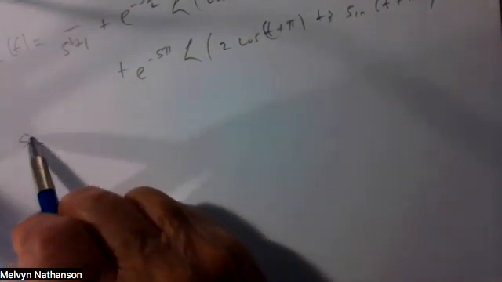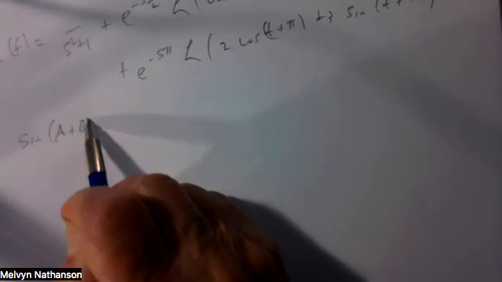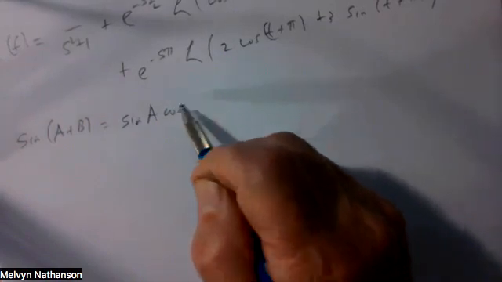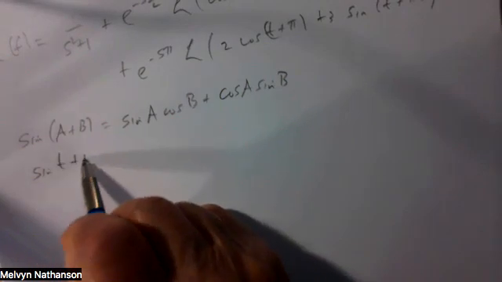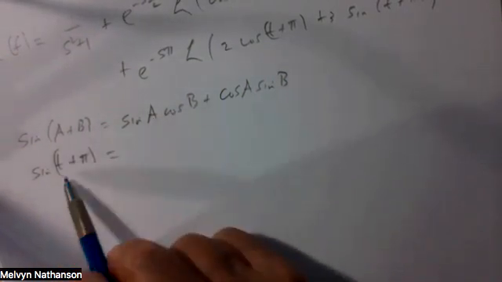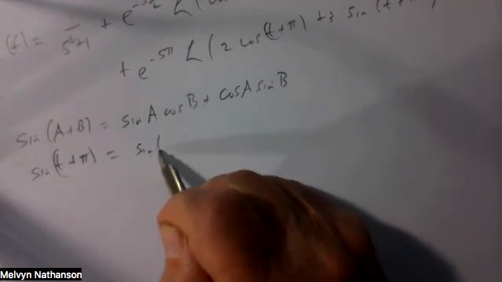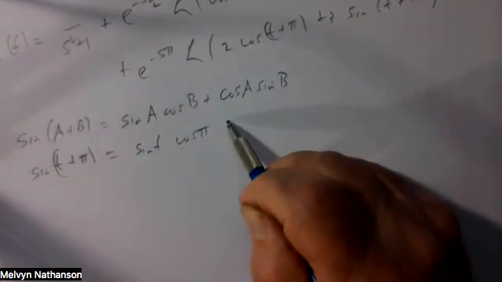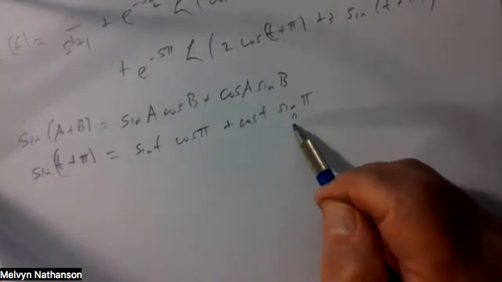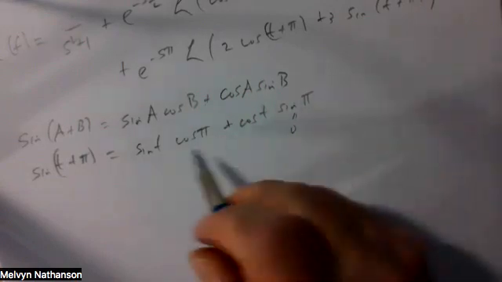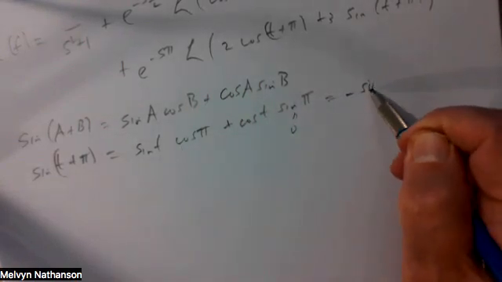The sine of the sum of two angles, A plus B, is sine A cosine B plus cosine A sine B. So in particular, the sine of t plus pi, if A is t and B is pi, is sine t cosine pi plus cosine t sine pi. Sine of pi is 0 and cosine of pi is minus 1. So this is minus sine t.